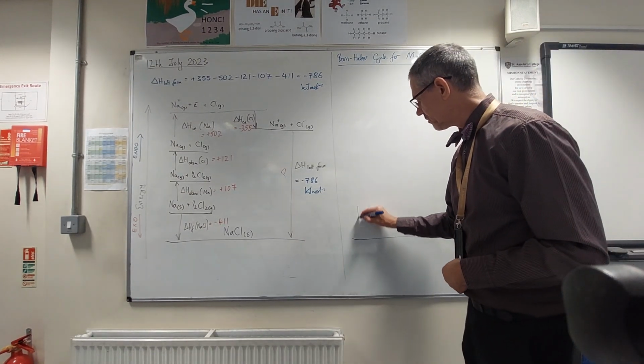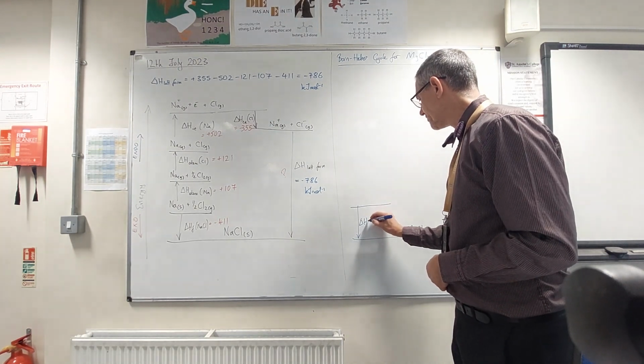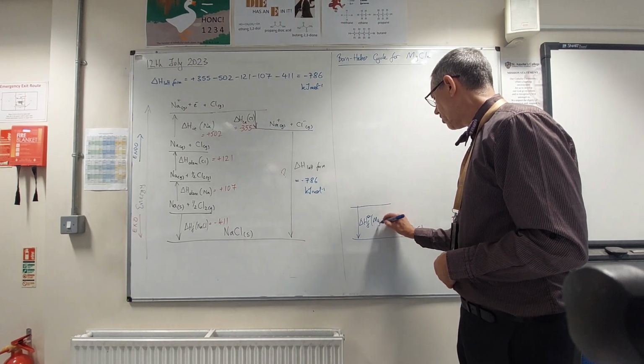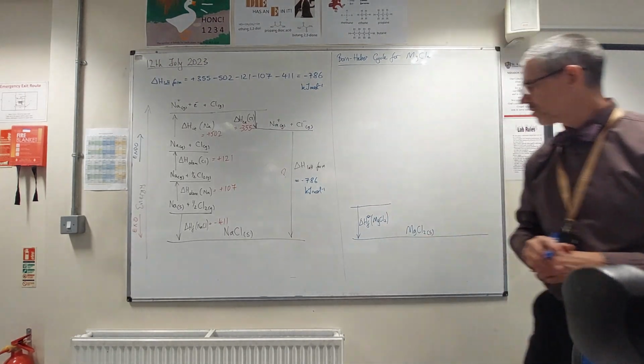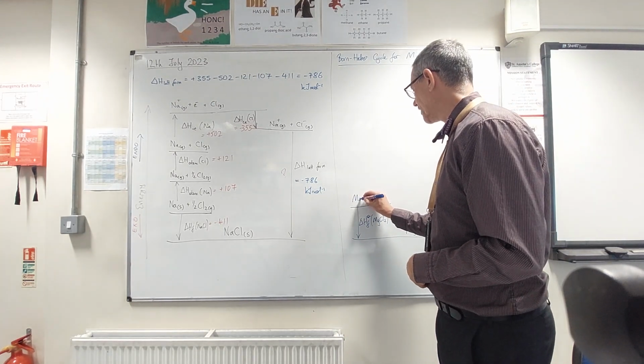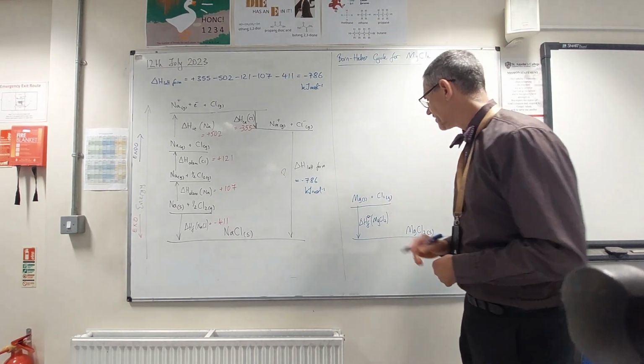And the first arrow we put in is the enthalpy of formation, standard enthalpy of formation of that compound. And standard enthalpy of formation is always from the elements in their standard states.